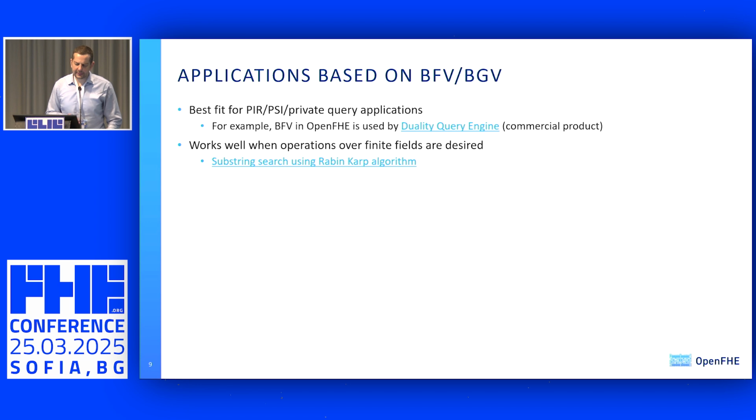Another example where BFV BGV are useful deals with operations over finite fields. Whenever we need to do some operations over finite fields, in my mind, BGV BFV is the best tool, and an open source example is available for substring search. There are many other examples as well.